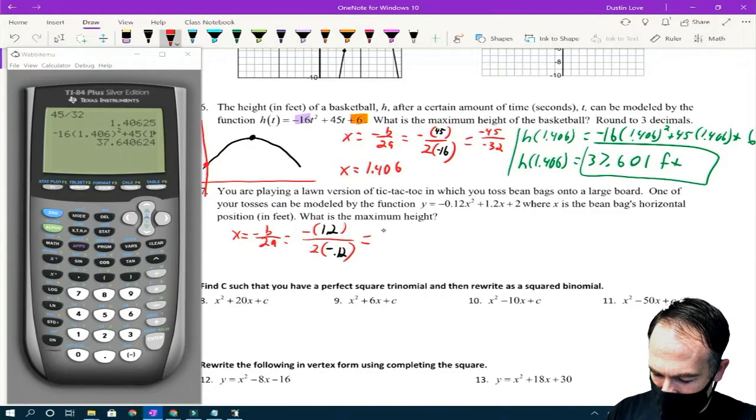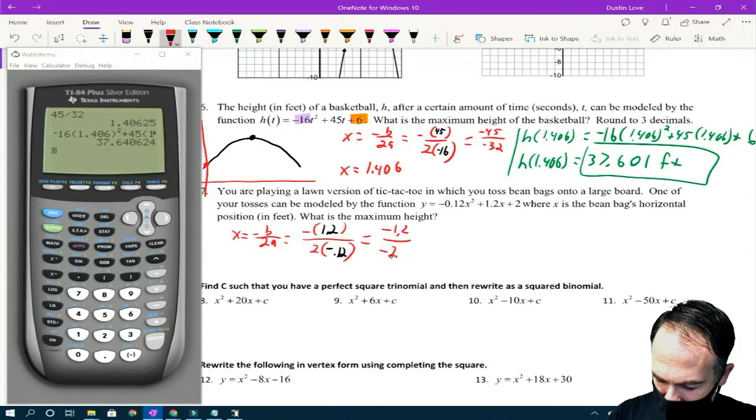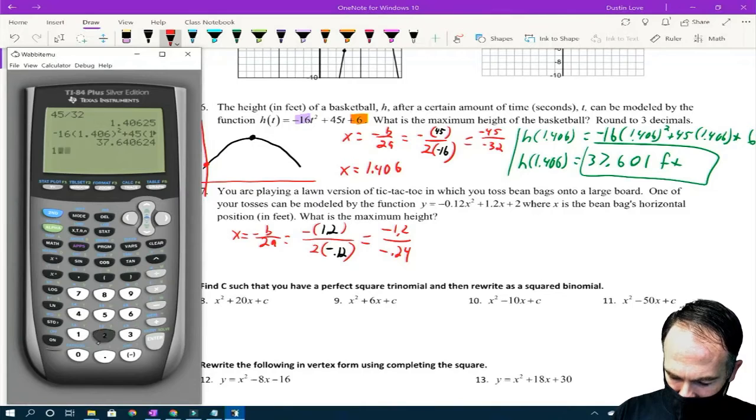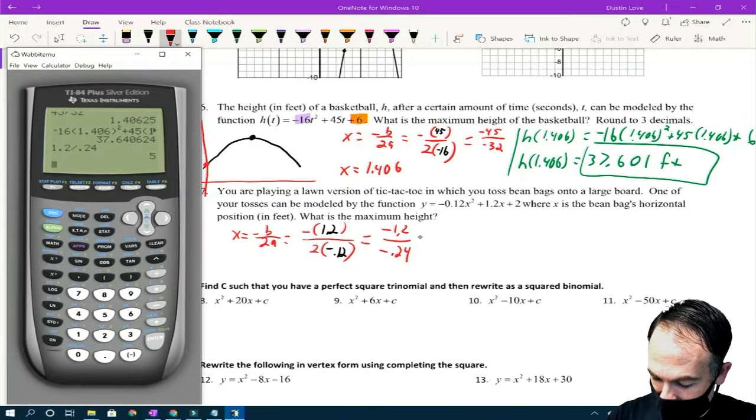Okay, so we got negative 1.2 divided by, well, negative 0.12 times 2 is negative 0.24. And I think that's going to be 20. No, 5. I was way off.